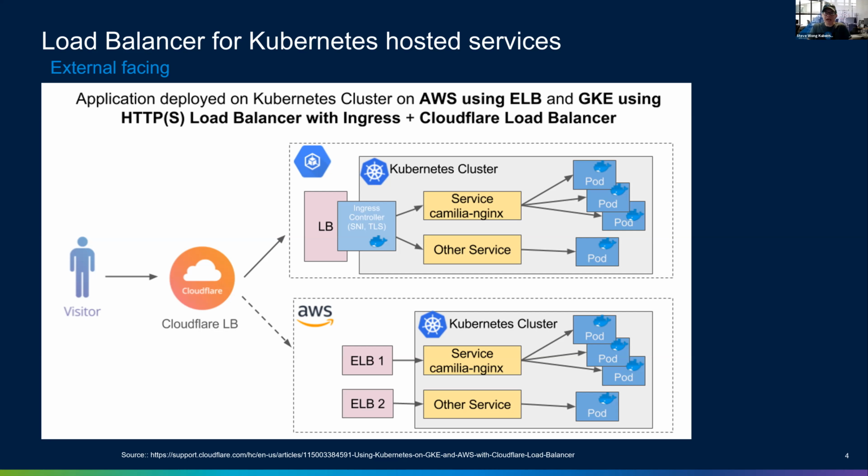Now, I like this diagram. It comes from the Cloudflare website, and it shows all the permutations you have for doing this. It turns out that you can do load balancing at multiple locations and layers, and for some use cases, maybe you want to do them all.